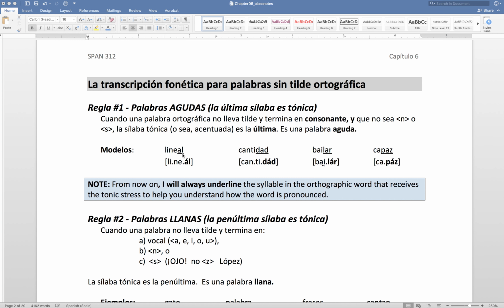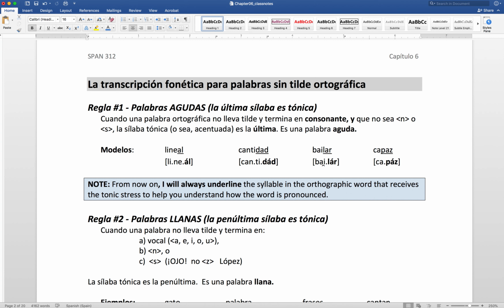So this word ends with a consonant that's not an N or S, and therefore we say lineal. And therefore, when we transcribe it, on top of syllabifying using our rules, now we can apply the stress to the right syllable. Cantidad ends with a consonant. Syllabify it according to our rules. And we know that since it ends with a consonant that is not an N or an S, we're going to put the accent where it needs to be.